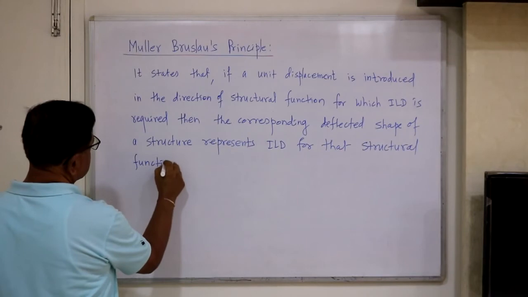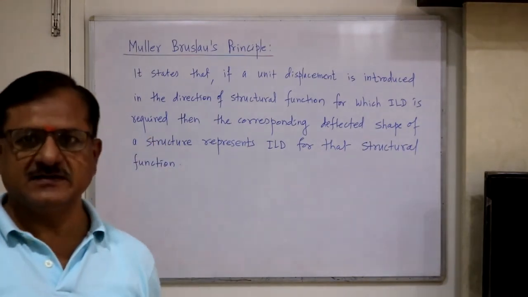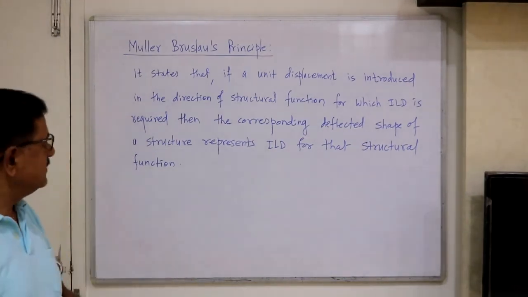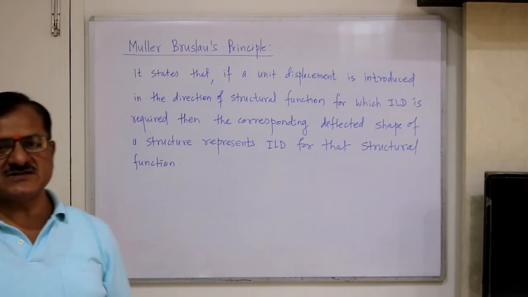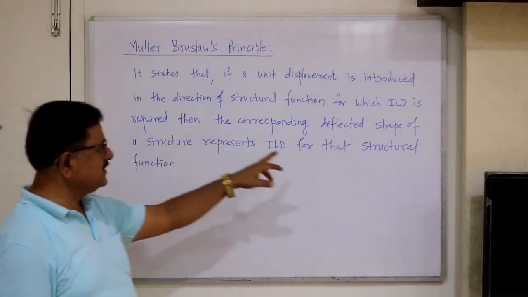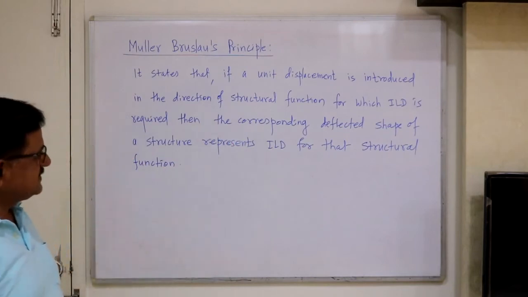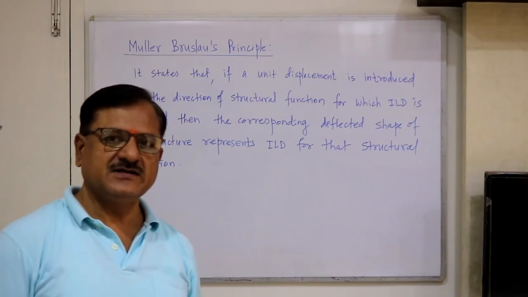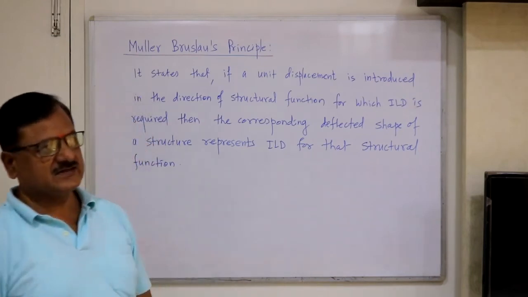That's all, this is the statement. This is the Muller-Breslau principle. So it states that if a unit displacement is introduced in the direction of the structural function for which the ILD is required, then the corresponding deflected shape of the structure represents the ILD for that structural function. And there is an alternative definition also.